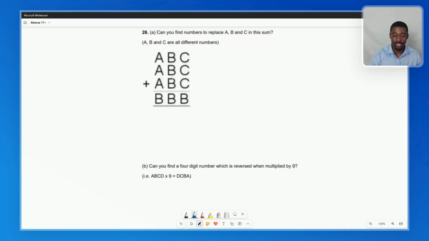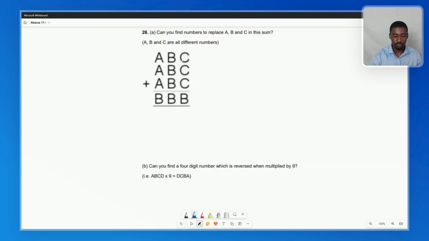Okay, so here for this next question, we have to try out some different numbers. And eventually, we want to find some numbers that will replace A, B, and C correctly in this sum. So it might not pop out immediately, but let's see if we can understand how this works.